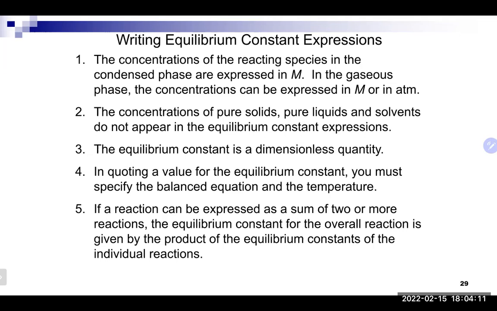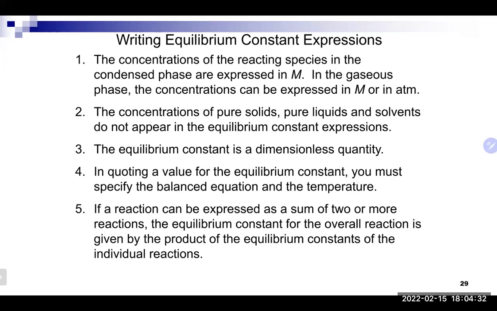As we talked about last time, to do a Kp, you need gases. So if you have no gases, like we saw in the example earlier, you obviously cannot write a Kp value. Again, no liquids or solids, as the concentrations of liquids really don't change, and solids really aren't participating. No units associated with K, which is a good thing.